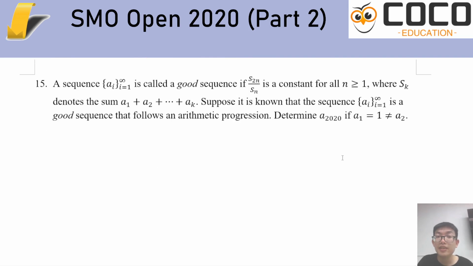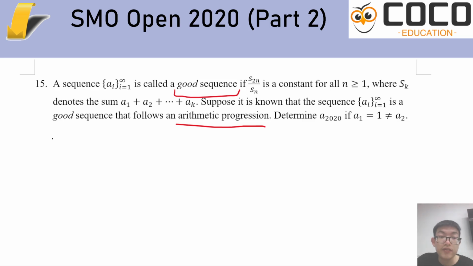Question 15. We are back to arithmetic progressions again, with an additional good sequence constraint. I don't really know what to say about this good sequence, except that it feels very unlikely to be a coincidence.